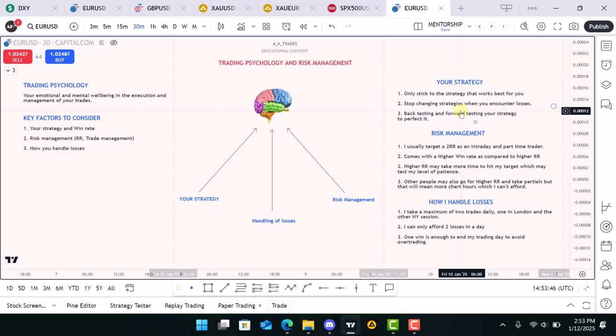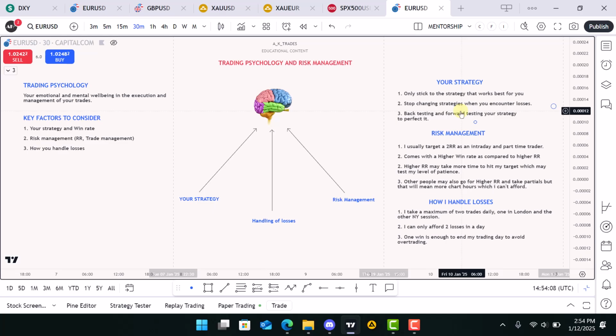Now, other people also have their own way of going about their trade management. Some of them can target more than 2R, let's say 4R, but decide that at 2R they'll take a certain percentage, whether 80%, 50%, 60%, or whatever percentage they feel comfortable with. They take it off and allow the rest of the trade to run.